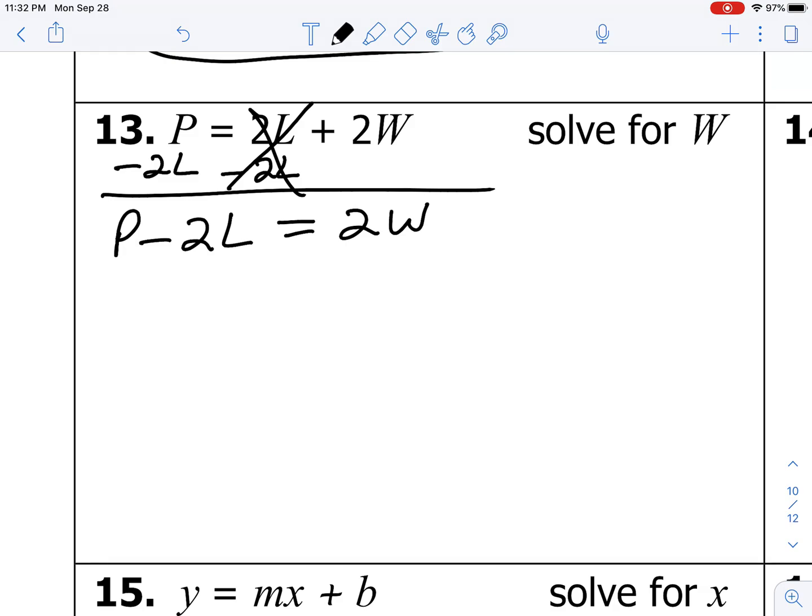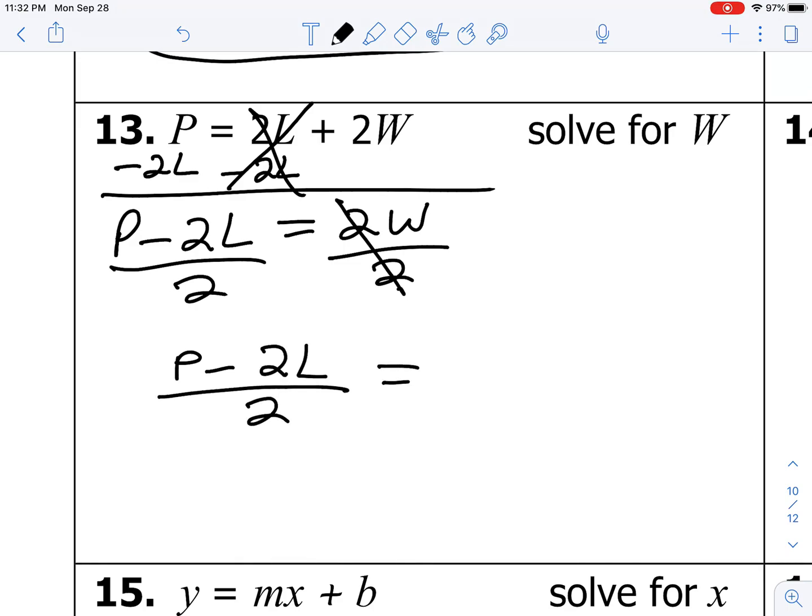All right, so we've done one thing, subtract the 2L the other side. Now, we need to solve for W. Okay, in order to solve for W, we need to divide by 2. That's now gone. Okay, we get P minus 2L all over 2 equals W.